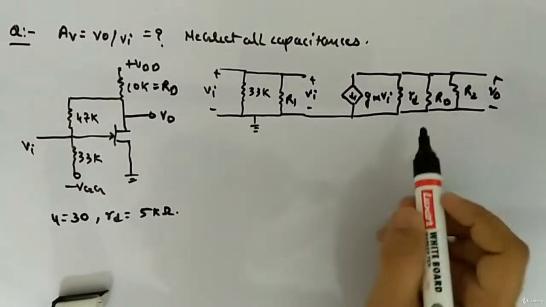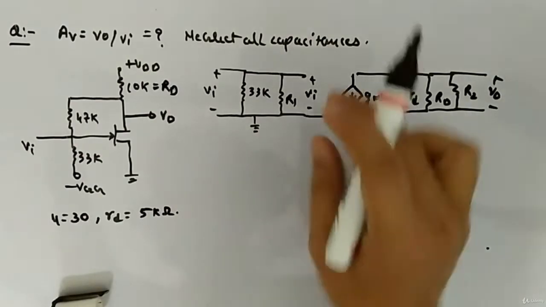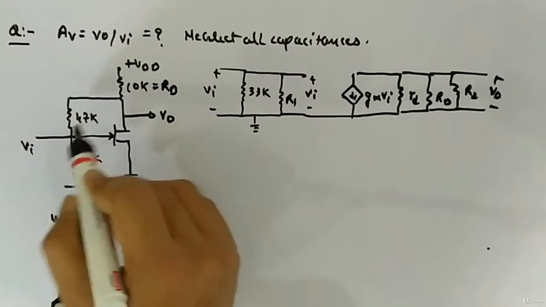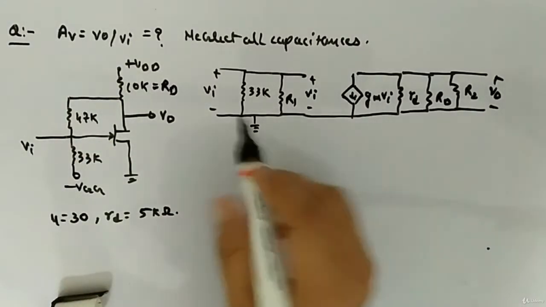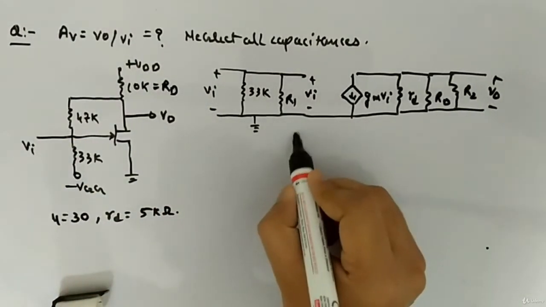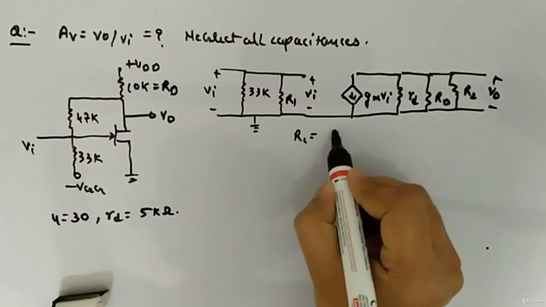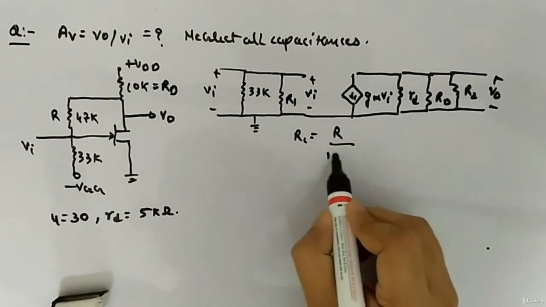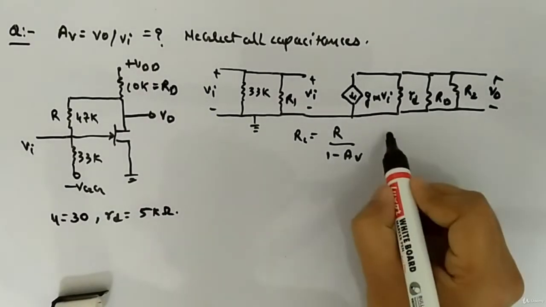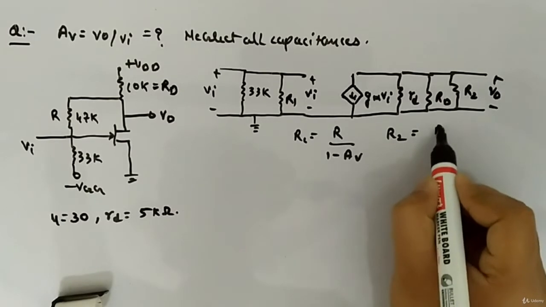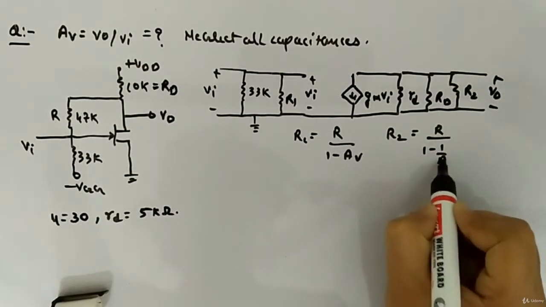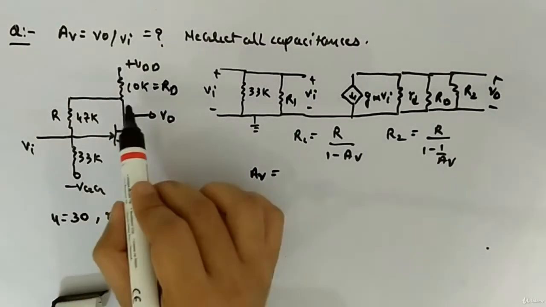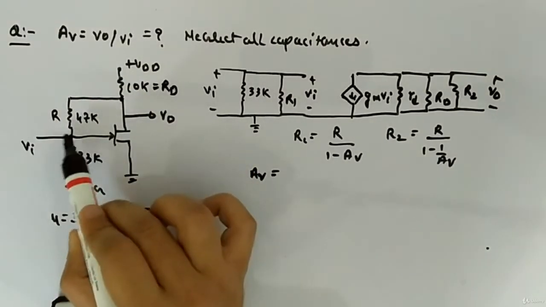Okay, so you can see that this is Vi, this is V out, and R1 and R2 are Miller components of this 47k resistor. So R1 will be R, if I call this R, divided by 1 minus AV, whereas R2 will be R divided by 1 minus 1 by AV, where AV will be the same as V naught by Vi, because these are the terminals between which this R is connected.